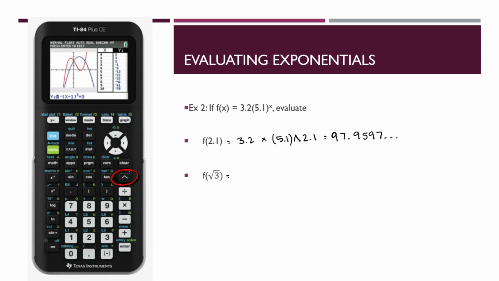Okay, and then to do this next one, we do 3.2 times 5.1, and we'll type that caret button, and we'll do the square root of 3. And we get 53.789. And again, it keeps going. Okay. So you're just going to type them in just like we see them and get this in the calculator.